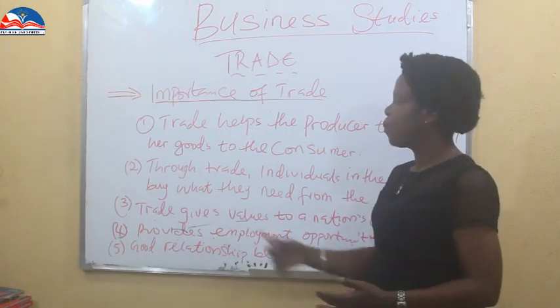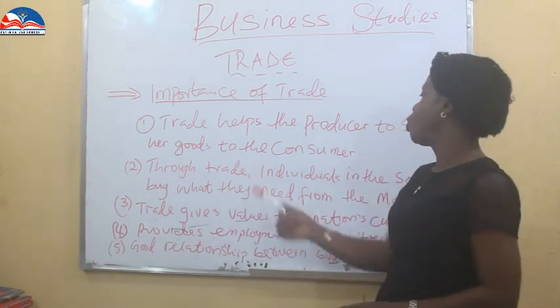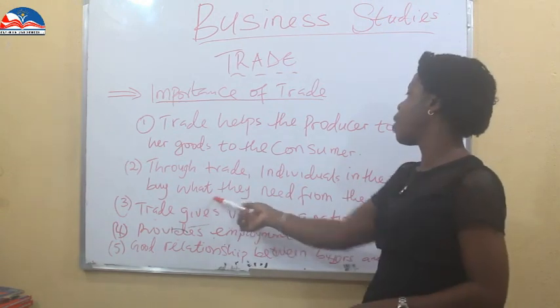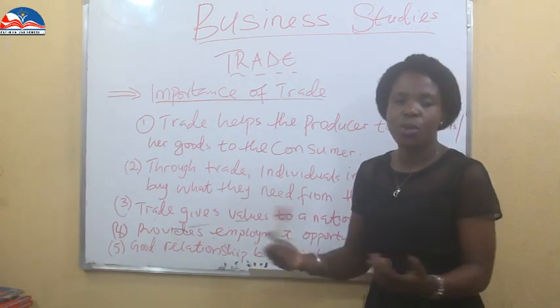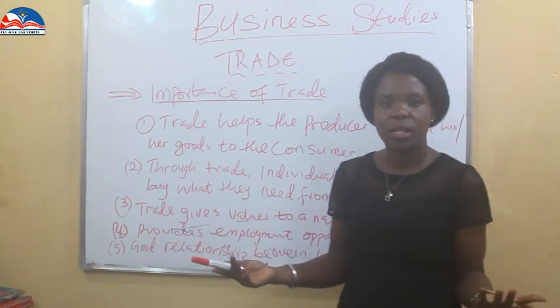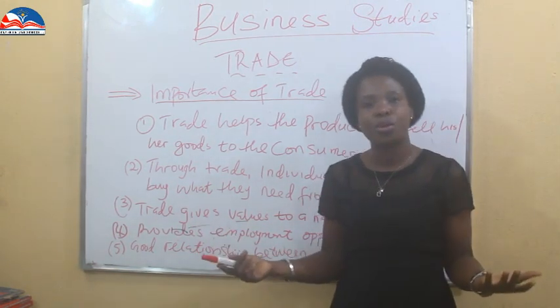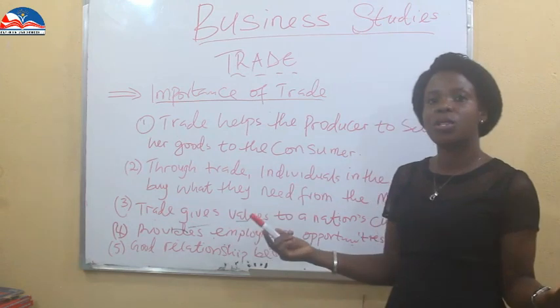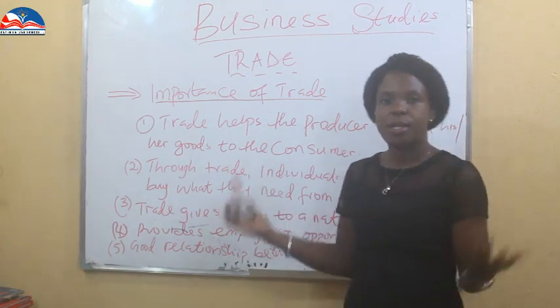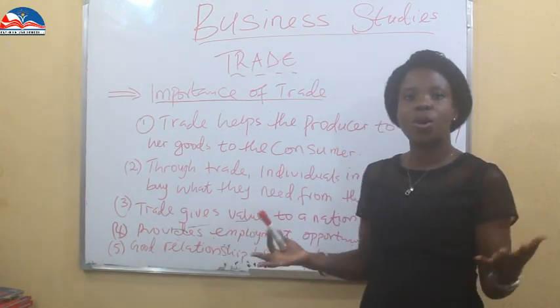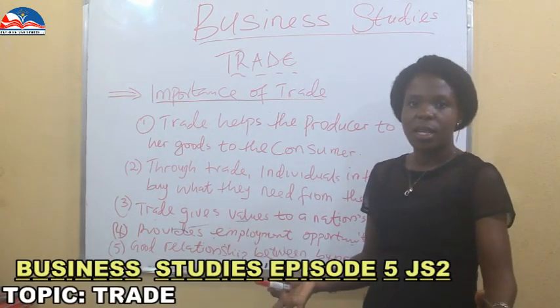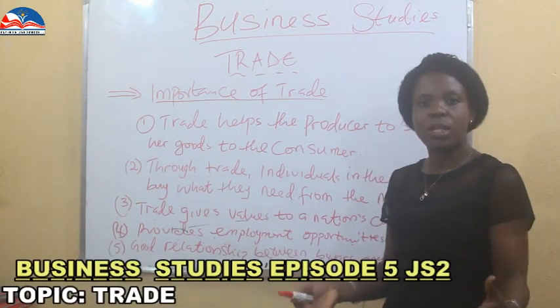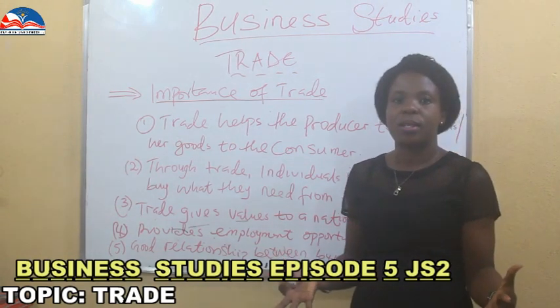That's one importance: satisfy the consumer, get the needed product to satisfy the wants of the individual who has gone to buy it. The second one is, through trade, individuals in the society buy what they need from the market. It won't look as if you have money on hand, but you don't have products to buy to satisfy yourself. So trade is a contact point where buyers and sellers meet for buyers to get what they want.